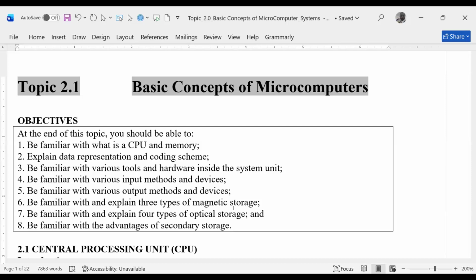Yes or no? Have you finished topic 1? Yes, sir. Good. And the last meeting, we did the last topic, which is the Excel also. So I continue.